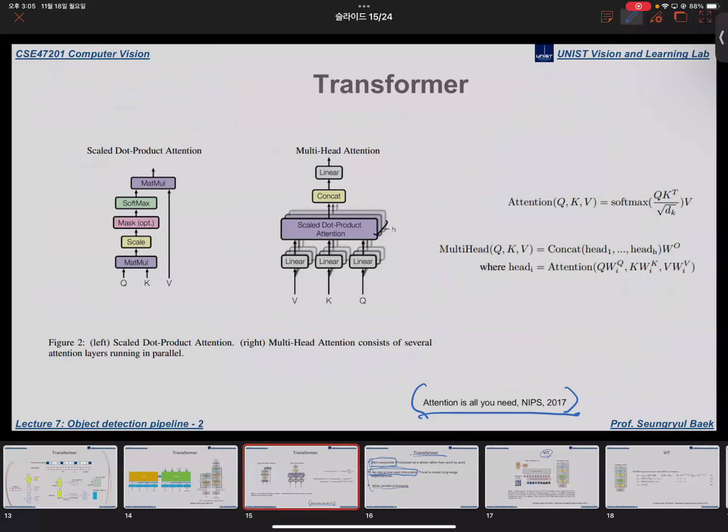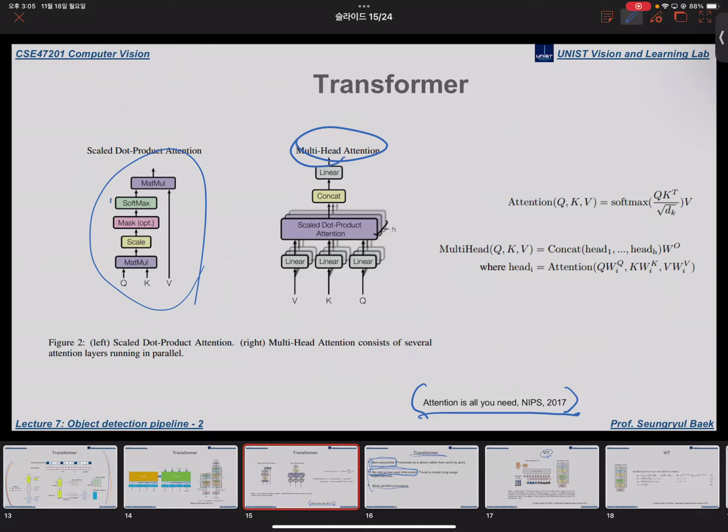And another important thing in the transformer is multi-head attention. So I mentioned that this is showing the self-attention mechanism.